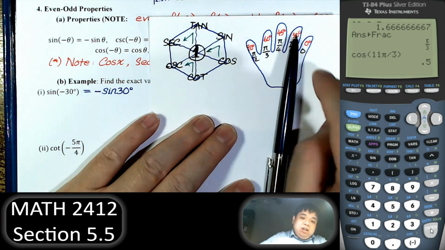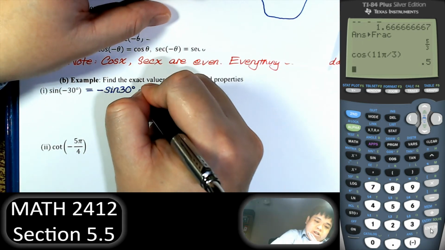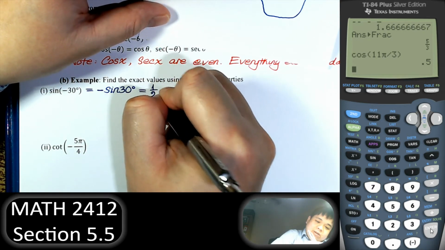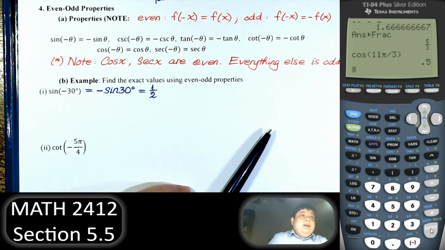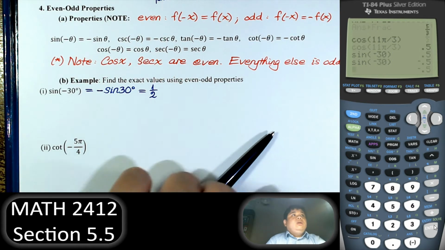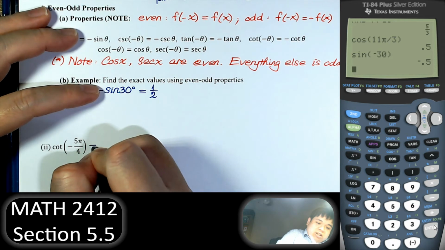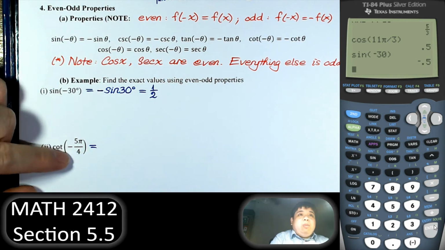So sine of 30 degrees, all right, one finger on the right, square root of 1 over 2, so just 1/2. Okay. If you use the calculator, make sure it is in the degree mode before we do the trig function. Right, negative 1/2.